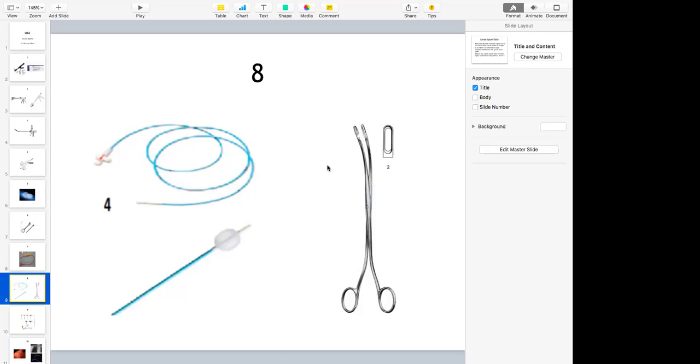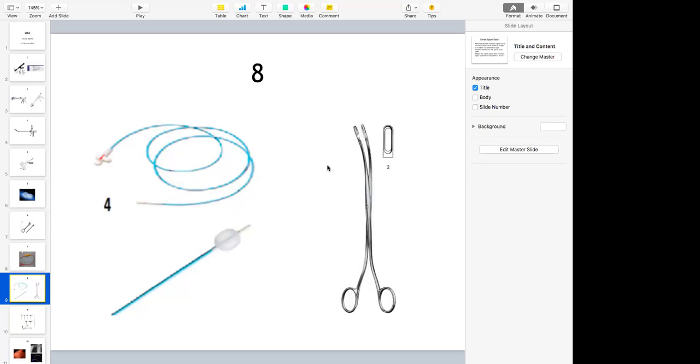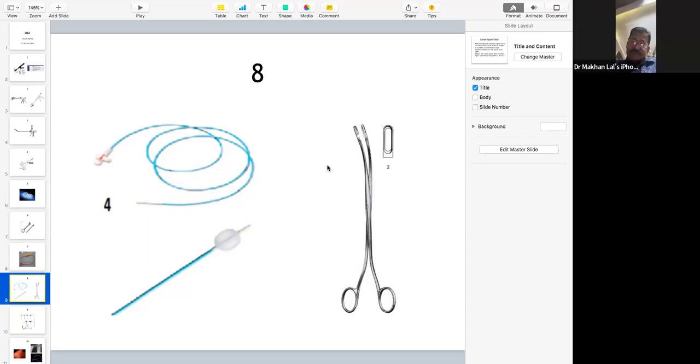Relatively atraumatic, sir. It is elongated with fenestration at the edge, and there are groove regions in the blade for better holding.